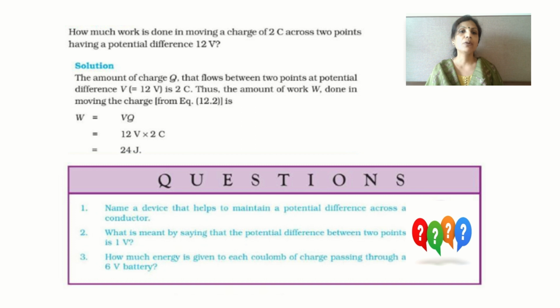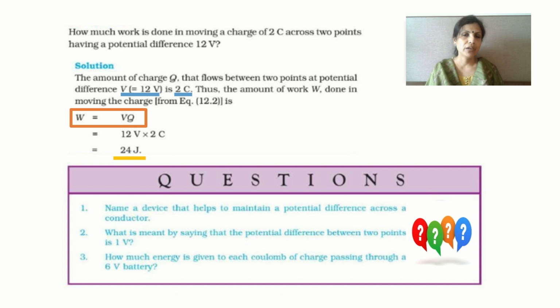So the potential difference is given as 12 volts, charge is given as 2 coulomb, and you have to find out how much work is done. We have the formula: potential difference is equal to work done upon the charge. So we can change the formula to work done equals potential difference into charge. Substitute the values: 12 volt into 2 coulomb. So your answer is 24 joules. So work done is 24 joules.